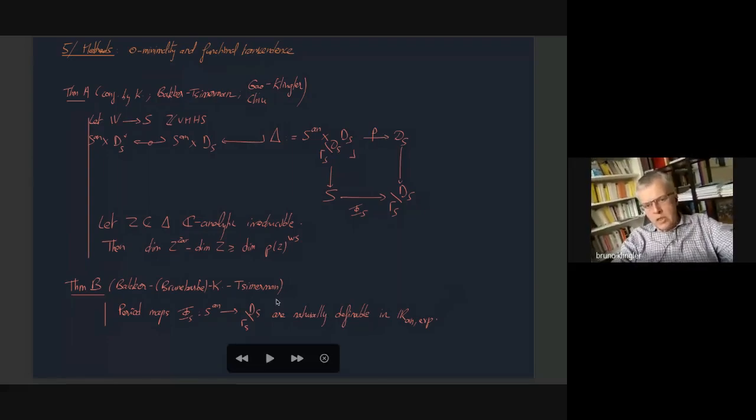So basically, what it says is that if you want to write explicitly this period map, you can do the following. You can find a finite atlas of charts for the analytic manifold associated to S, and a finite atlas of charts for D_S mod Gamma_S, such that when you write this map in those atlases of charts, then you can write it using only the real exponential map.